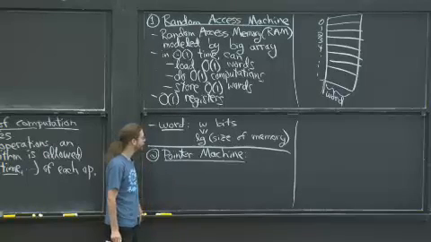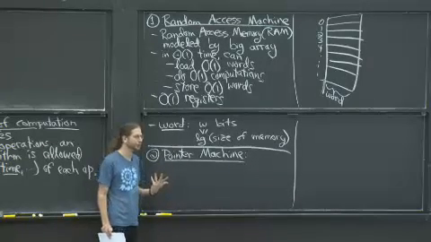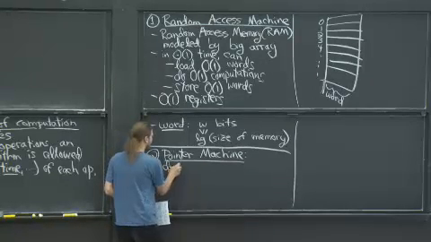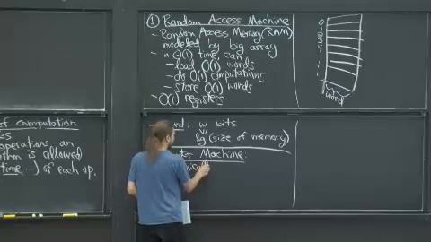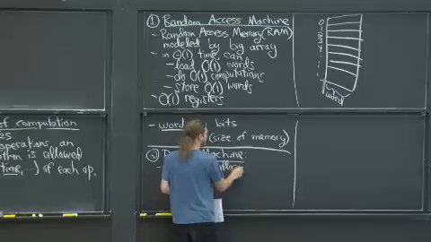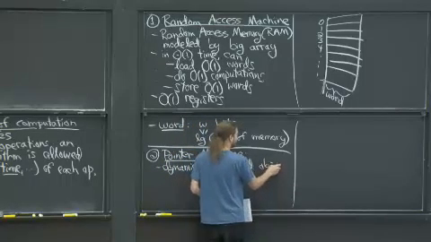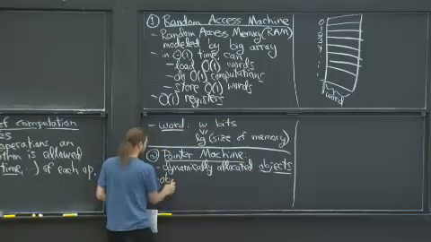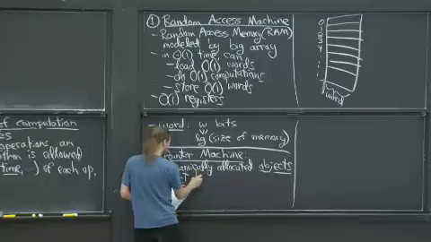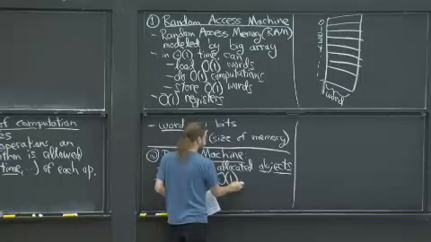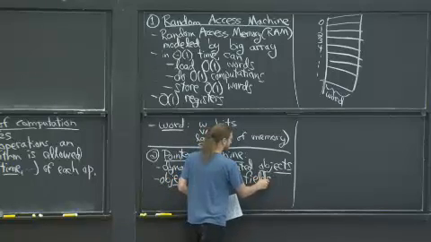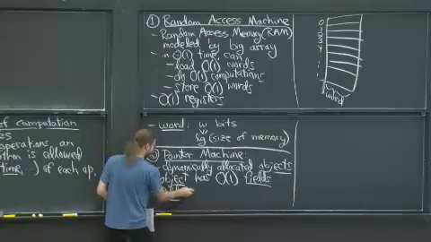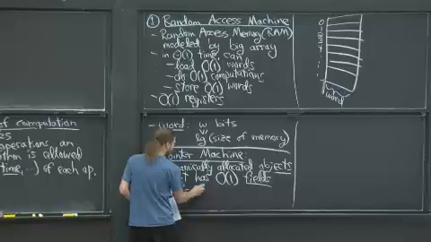So the one that is useful in this class is the pointer machine. This basically corresponds to object-oriented programming in a very simple version. So we have dynamically allocated objects. And an object has a constant number of fields. And a field is going to be either a word.